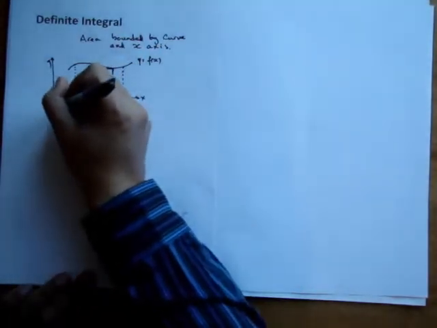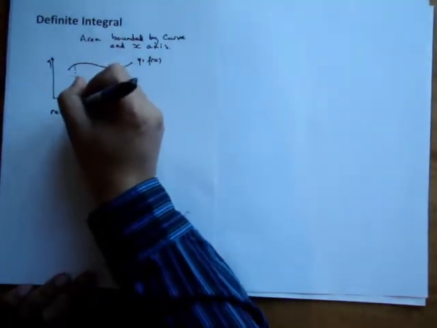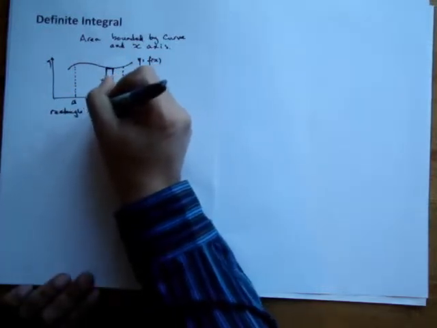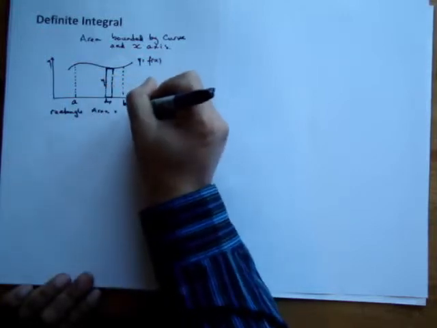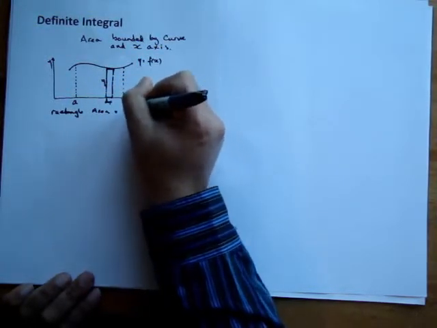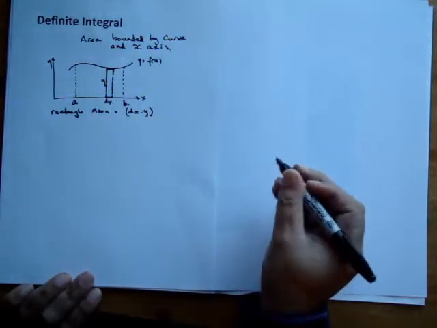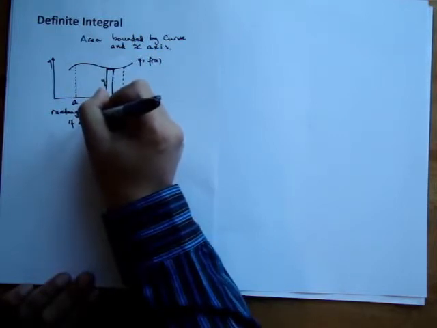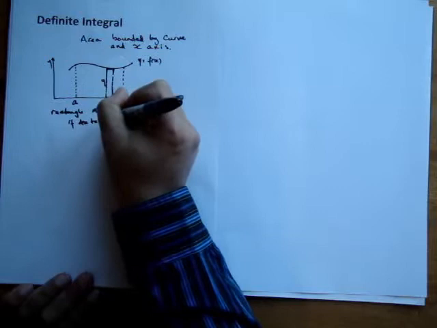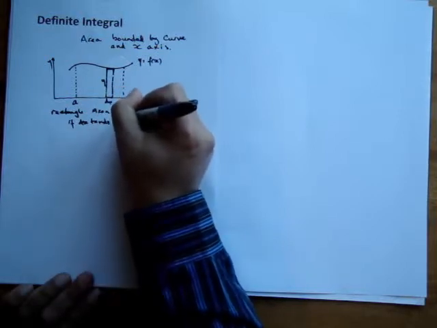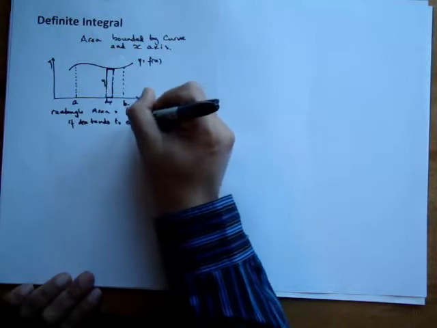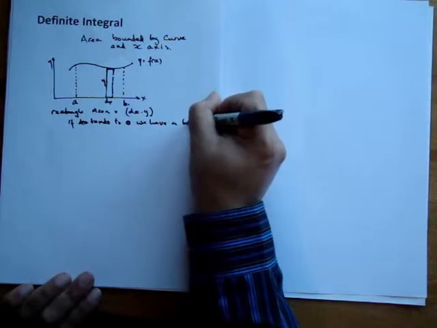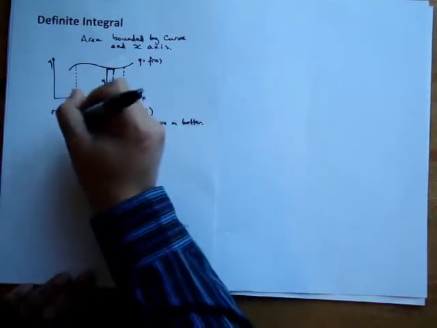So the rectangles that we draw, area equals dx y, and if dx tends to 0, we have a better area estimation.